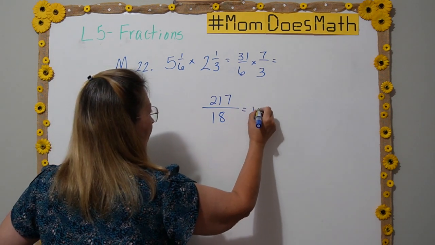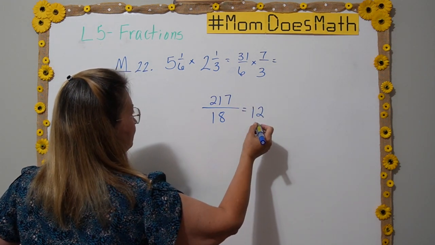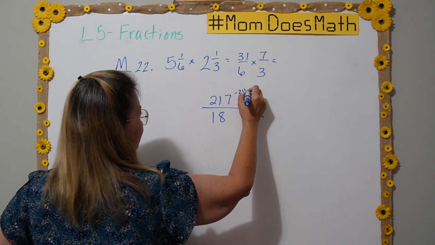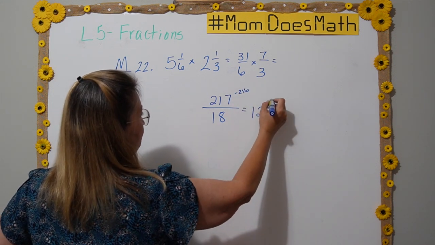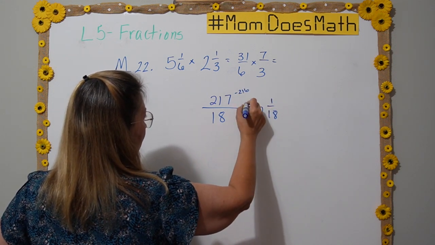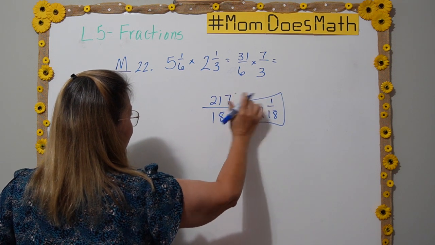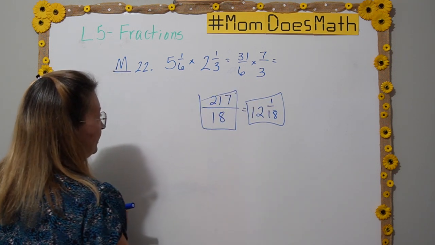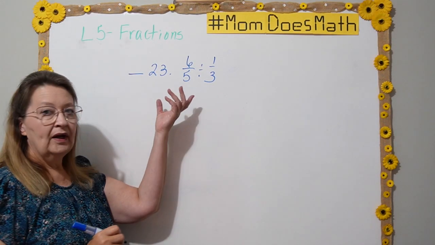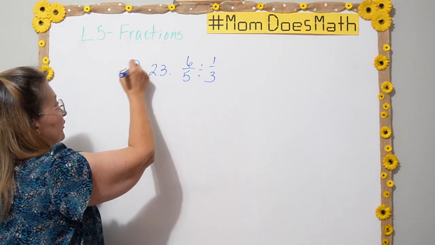It will go 12 times, and 12 times 18 is 216. So then when you subtract, that's going to leave you 12 and 1/18, but you could leave it like this.